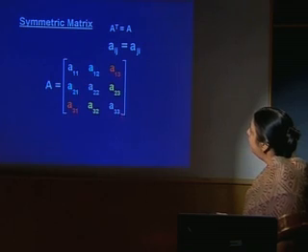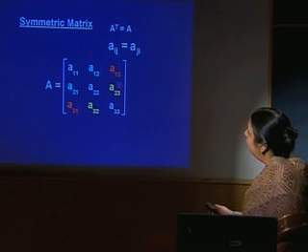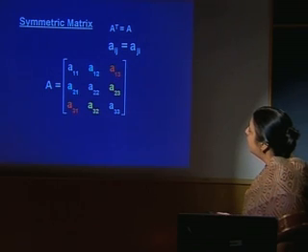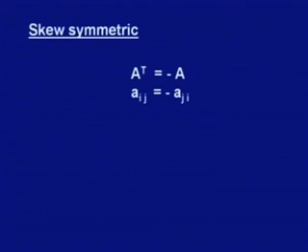So, this is the diagonal and these are the elements below the diagonal and these are the elements above the diagonal. So, the elements are mirror images. This element is the same as this element, is the same as this element, is the same as this.